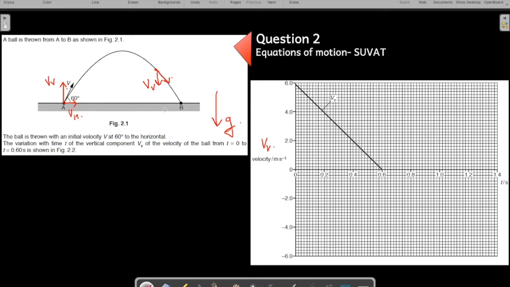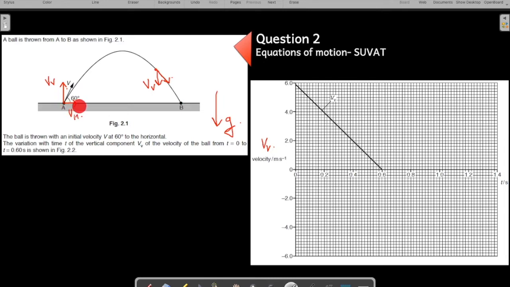So there will be an acceleration. So the vertical component is decreasing as you are going up. It is increasing as you are coming down, because when you are going up, the vertical component is opposite to g. After the topmost point, vertical and g are in the same direction, so acceleration happens. Deceleration for the first part, acceleration after, right?